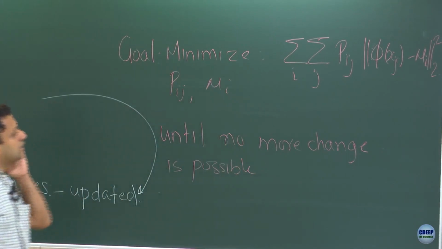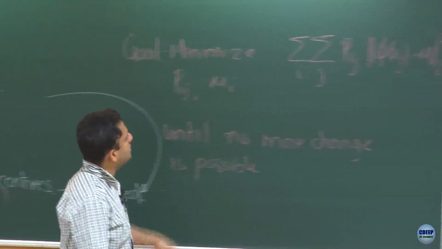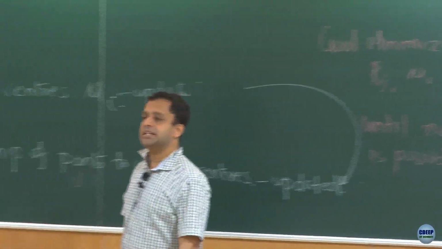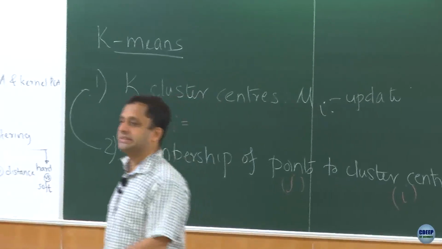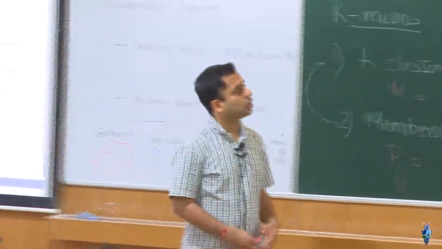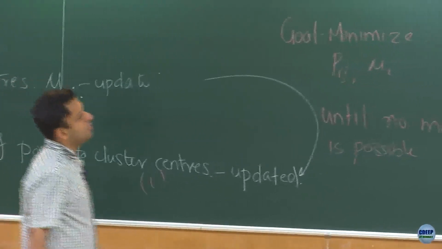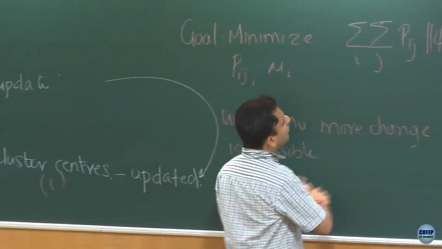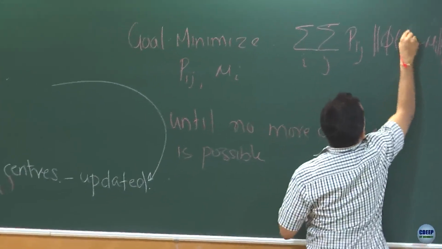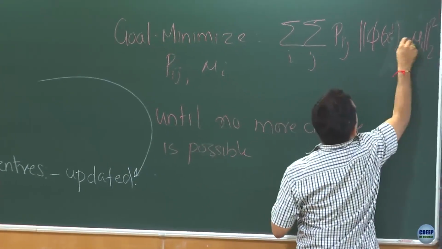So both mu_i and P_ij are updated in some sense in a way that the following is minimized. Okay, so what you are interested in is minimizing the sum of squared distances from all the points x^j to the cluster centers mu_i's. I have used j in the superscript, so in the slides I use j in the superscript.